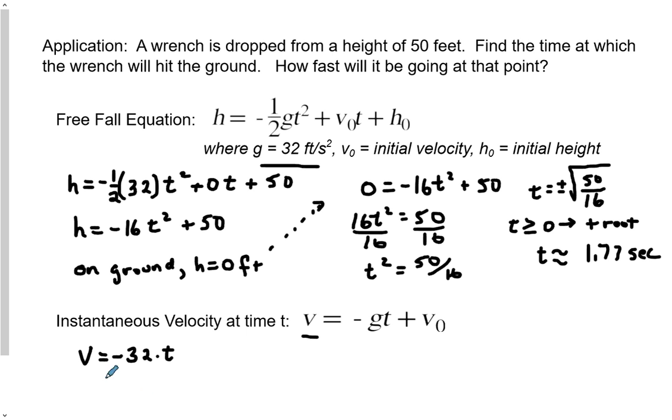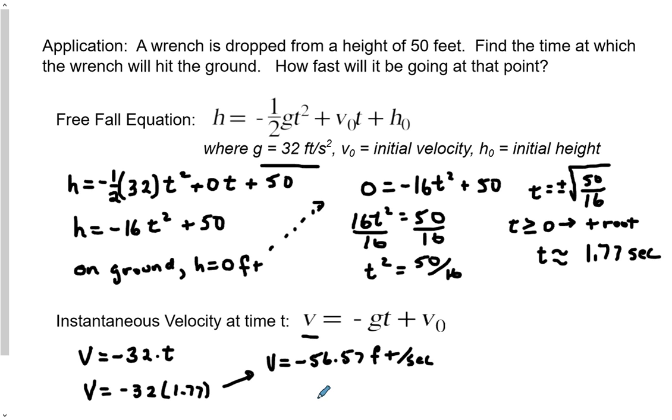Well, it's 0, so we don't have to worry about that. Let's make our substitution. To find the velocity, we would take -32 and multiply that by 1.77. Doing so gives us a velocity of about -56.57 feet per second.